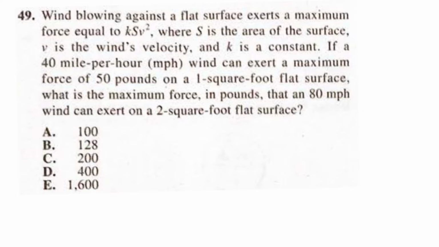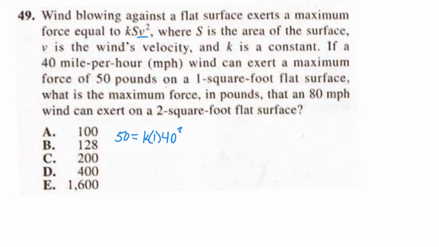If a 40 mile per hour wind, that would be our V value, can exert 50 pounds of force in 1 square foot. So we don't know what the K value is, and we know that the S value, capital S, is just a 1. So what we're going to do is get a K value from the first one, and we're going to transfer it over to the other side.